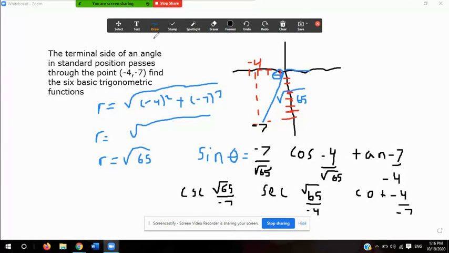Now, the last step is to rationalize denominators. So let's go ahead and rationalize denominators.